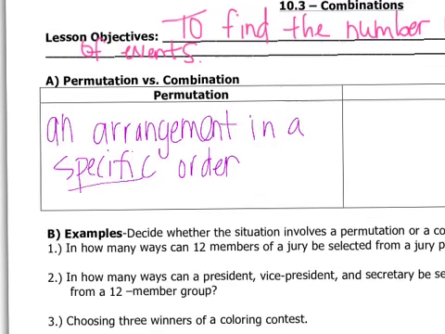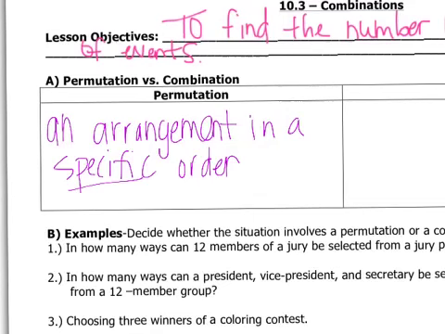Let me give you a couple examples. How many ways can 6 people win first, second, and third place? So first place is definitely different than third place, right? Okay. How many ways can 4 people be voted for president and vice president?